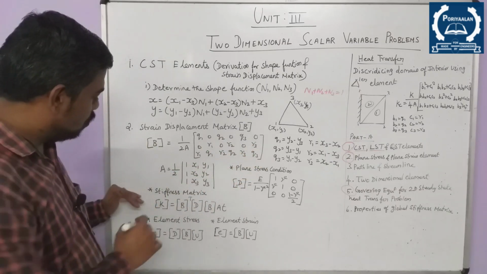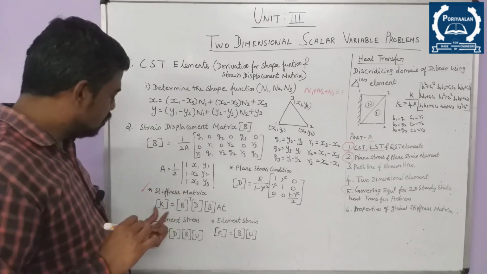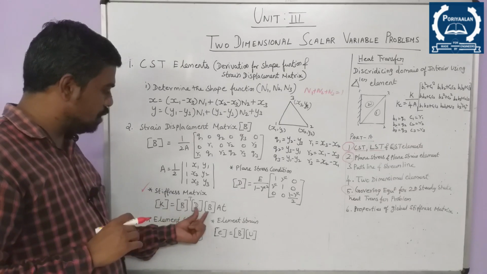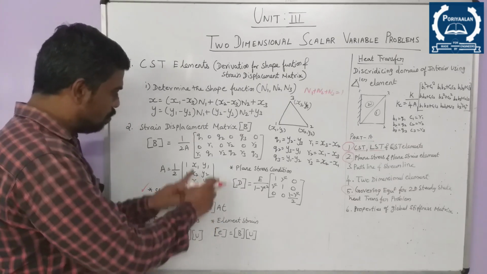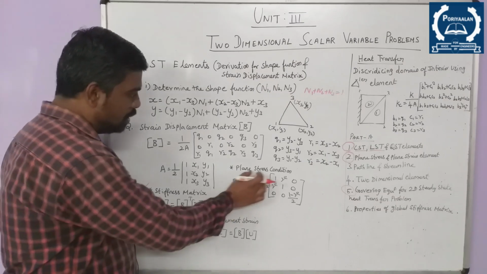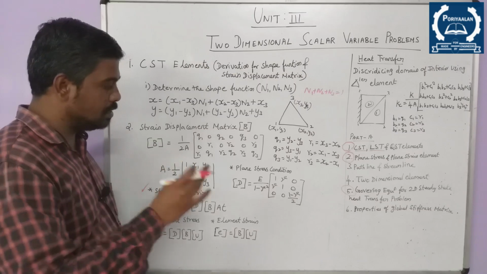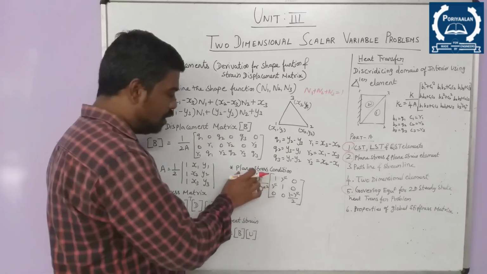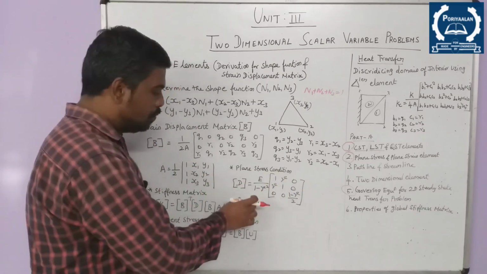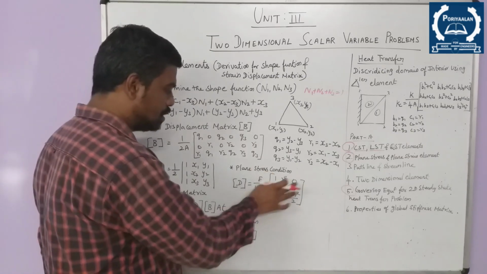Next, they mostly ask to find the stiffness matrix. The stiffness matrix K is equal to B transpose D B into A t. Use the same B formula and substitute here. For D, there are plane stress and plane strain conditions, but you only have to concentrate on the plane stress condition, it is enough. Only in the rarest cases will they ask the plane strain condition.